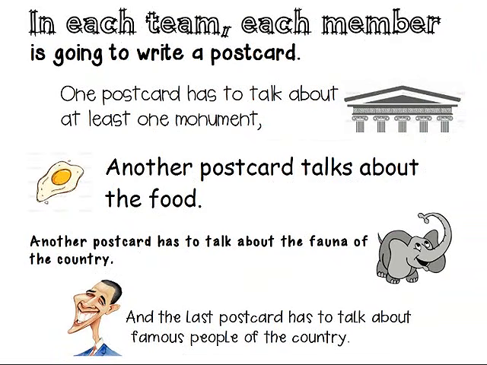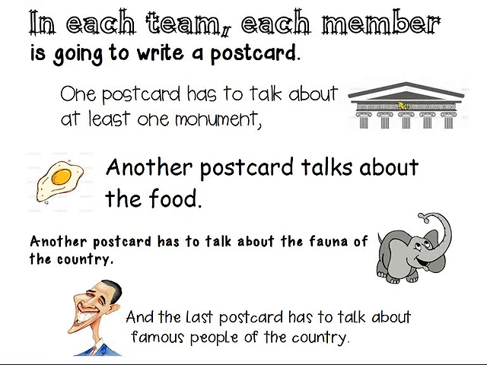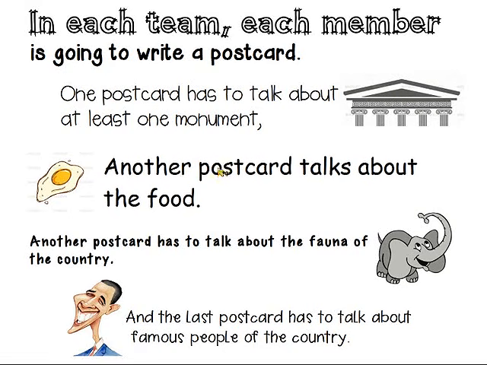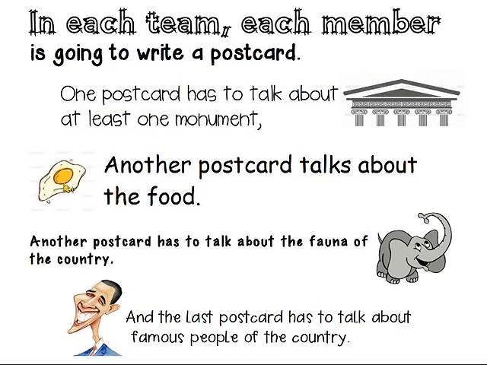So, what are we going to do in class? In each team, each member is going to write a postcard. One postcard has to talk about at least one monument of the places you're visiting of your country. Another postcard talks about the typical food of that city or of that country maybe.